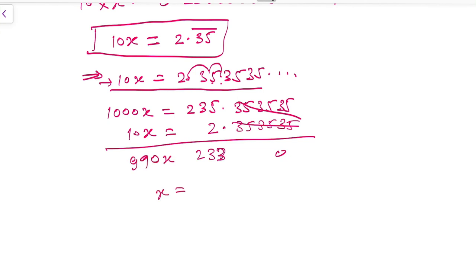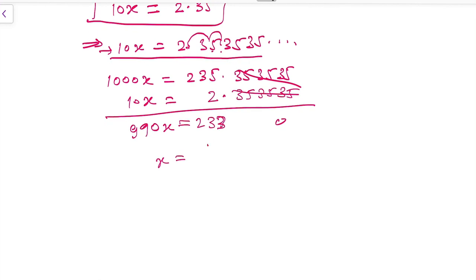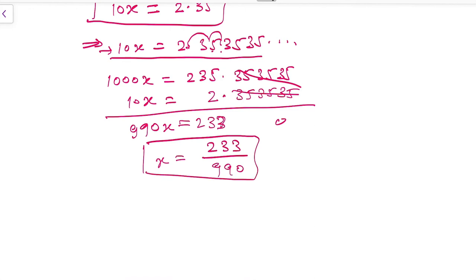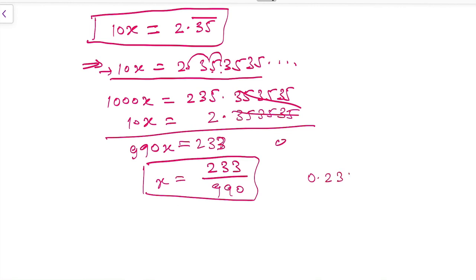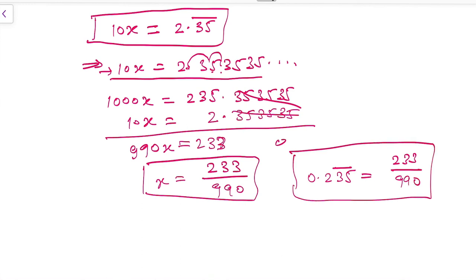To find the value of x, we divide 233 by 990. Will it cancel? No, it is not going to cancel. So 0.235 with the bar on 35 is 233 upon 990, which is in p upon q format.